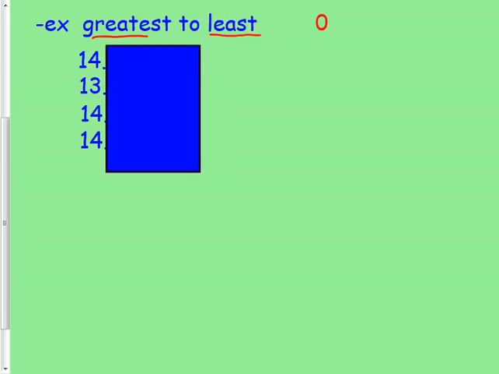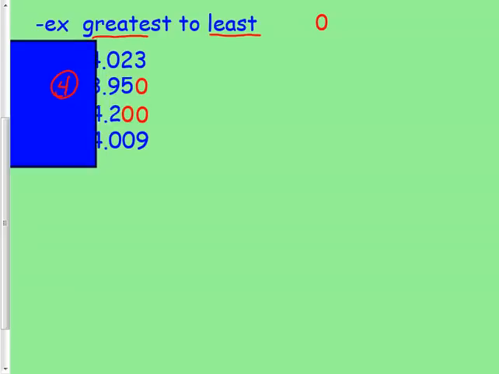So from greatest to least, the 13 is definitely my least. It's going to come last, no matter what comes after the decimal, because the whole number is the smallest. So now look at the part after the decimal. Now remember, we've already decided this one's going to be last. So looking at the others from greatest to least, 200, then 23, and then 9.